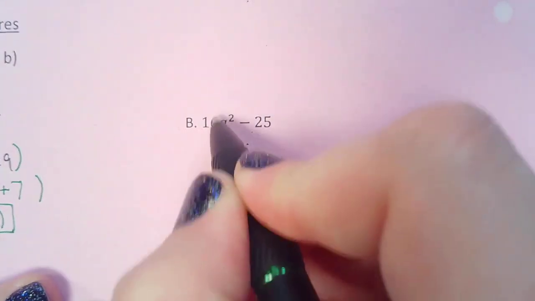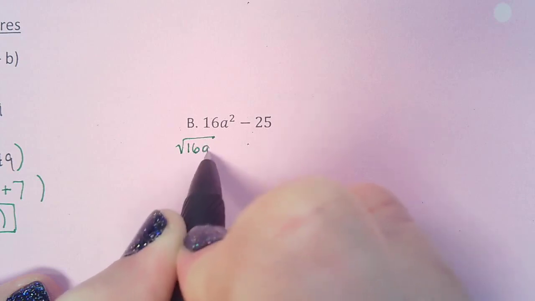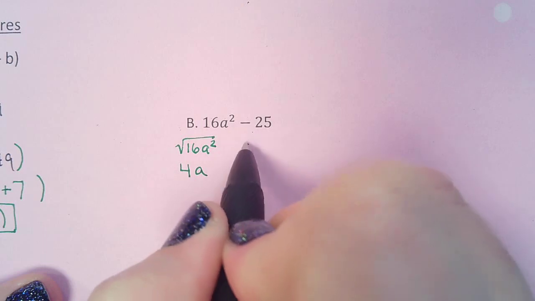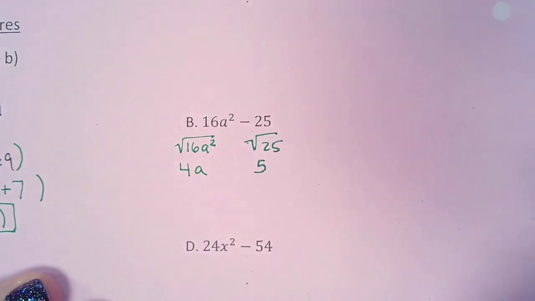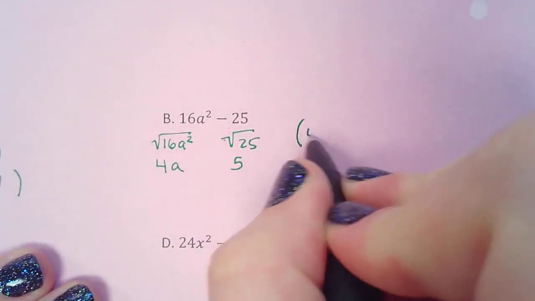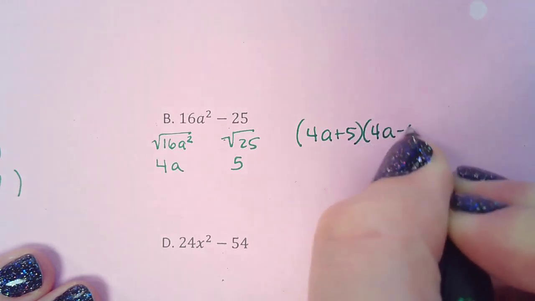If I were to square root 16a squared, I would get 4a. And if I was to square root 25, I would get 5. So my final answer for this is 4a plus 5 and 4a minus 5.